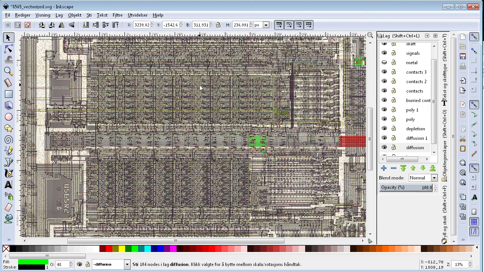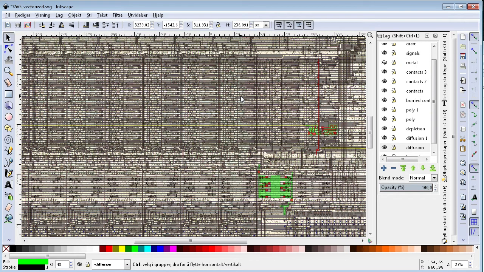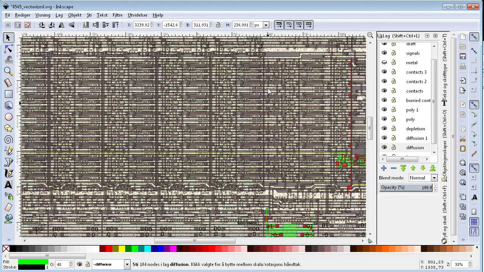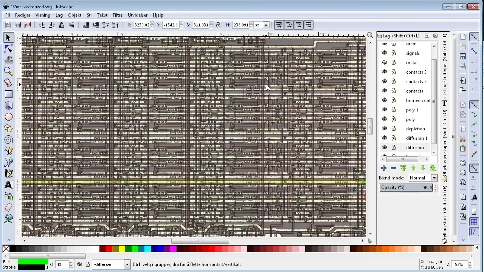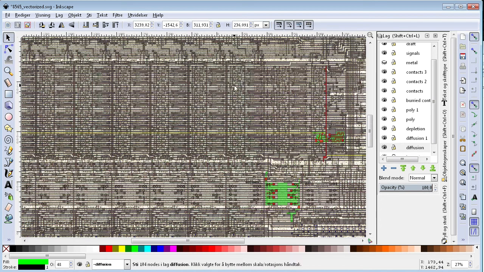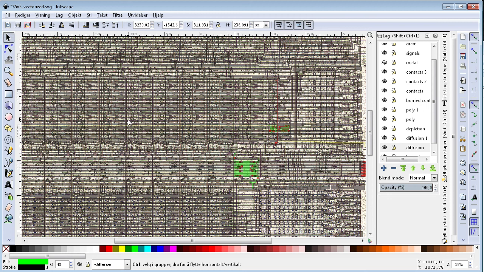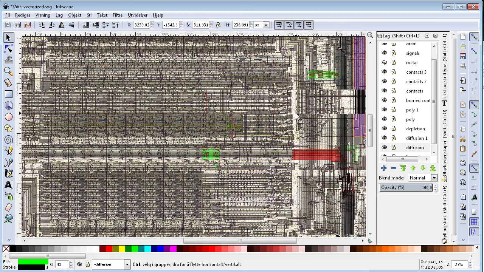There are 8 registers, and whenever this counter matches this register, then you have to start painting the actual sprite, or not you, the VIC chip. So yeah, that's how I think it works, but I don't know if it's like that.